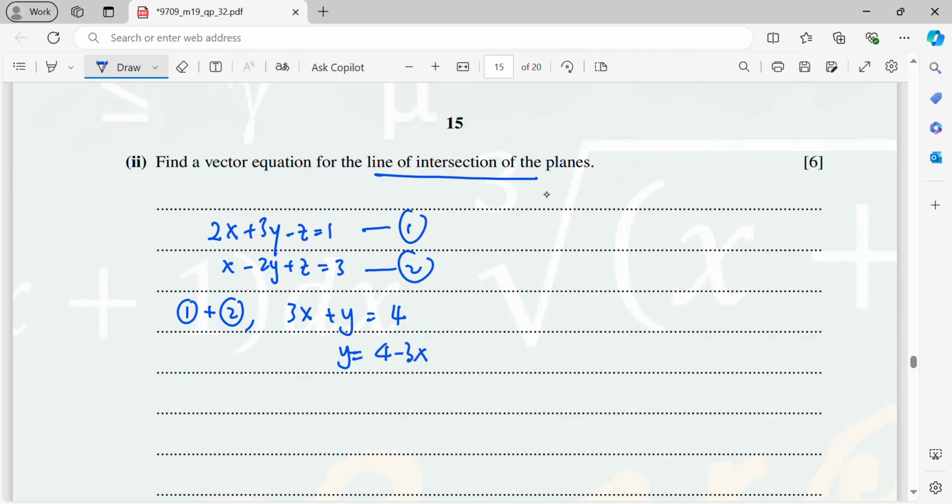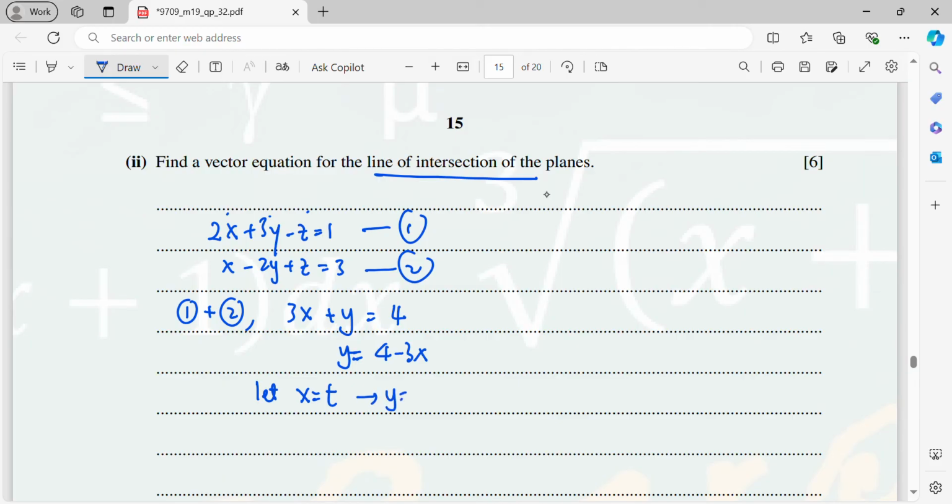So you should realize that there are 3 variables, x, y, z, but only 2 equations. So we will always get infinite solutions, because there are not enough equations. So since I have found that my y depends on x, I will let my x be a parameter because it can be any number.